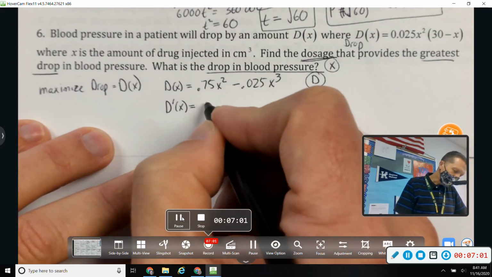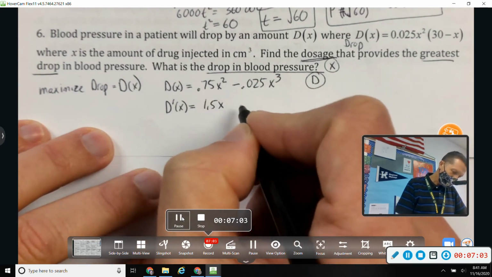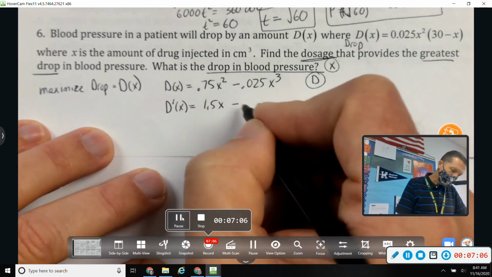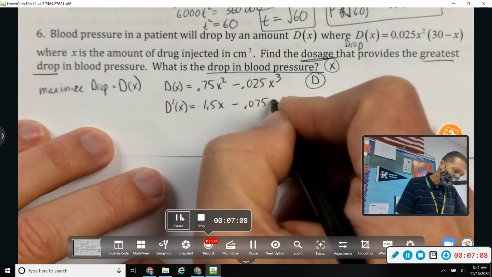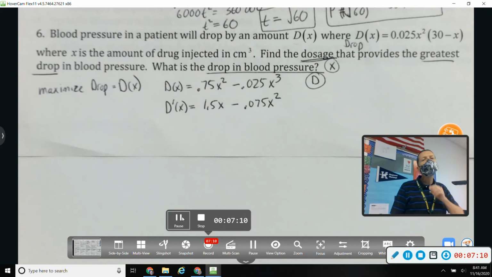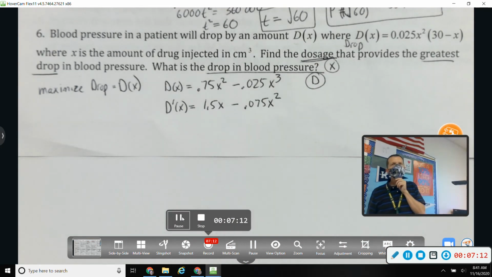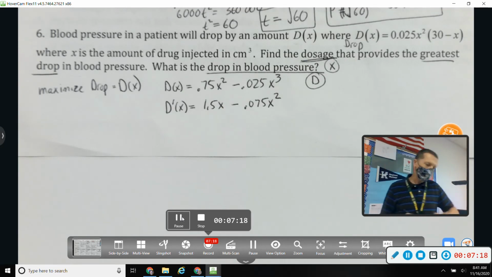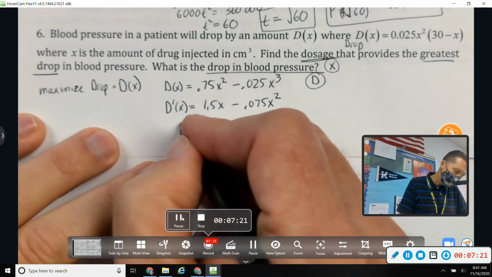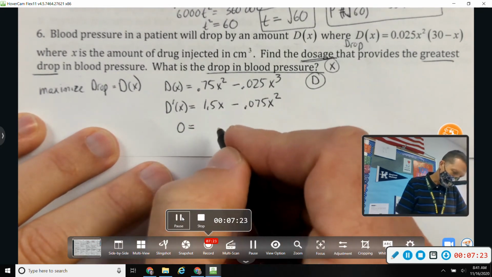So the derivative would be 1.5x minus 0.075 x squared. I'm going to have 2 answers on this one, and I'll probably need to check which one's the max or verify that it's the max. So set it equal to 0.